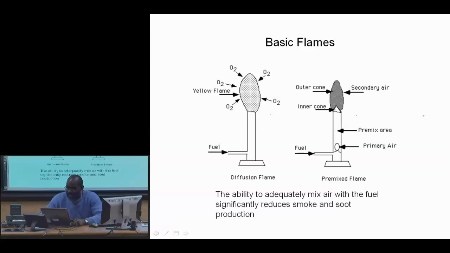Now, if we look at this Bunsen burner and we allow air to come in, as we've mentioned, there's perhaps an inner cone and outer cone, depending on the stoichiometry of the system.